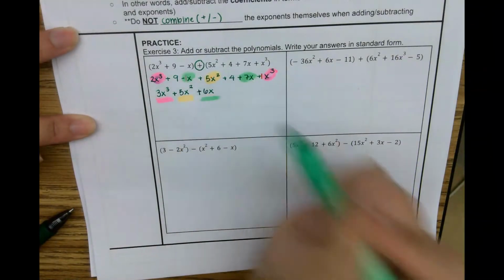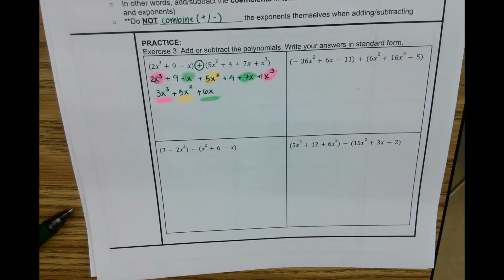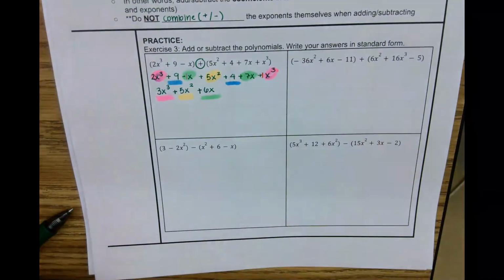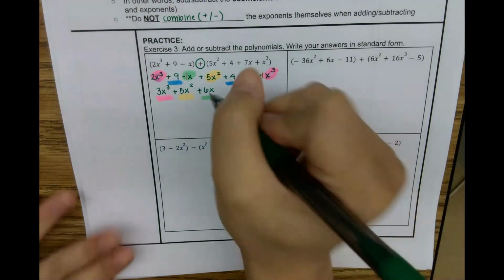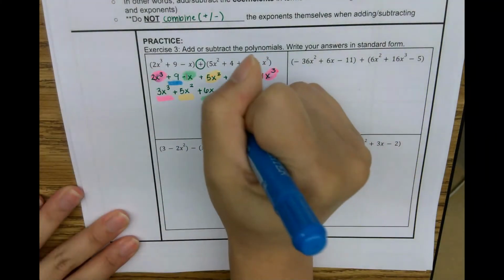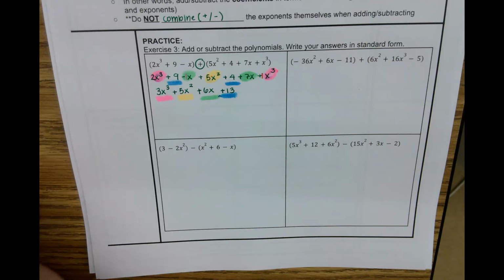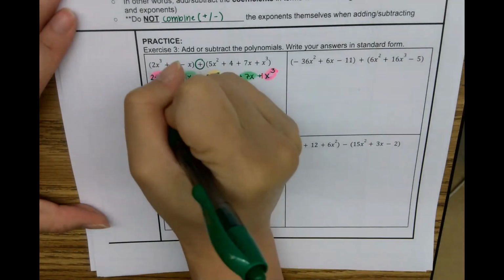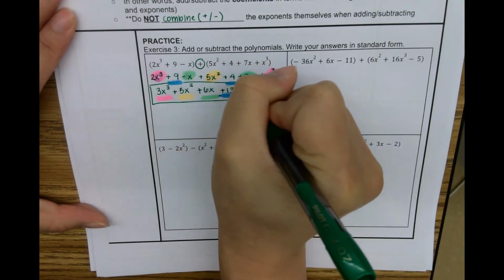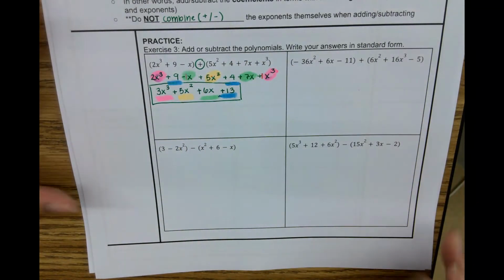And then after x to the power of 1 is x to the power of 0, which is going to be my constant. Here I have 9 as a constant and 4. So 9 plus 4, that's 13. And there you go. So my final answer when I add these polynomials is 3x cubed plus 5x squared plus 6x plus 13.